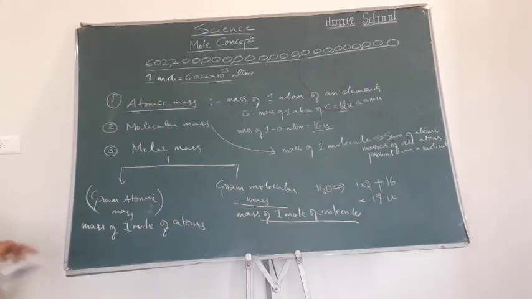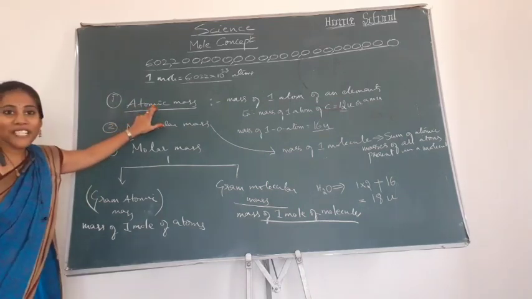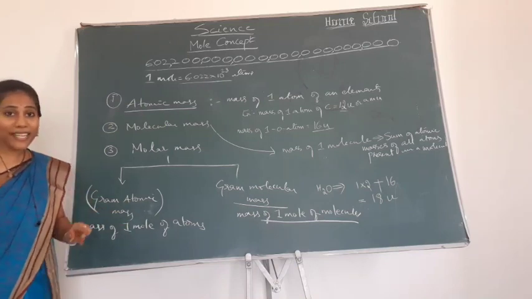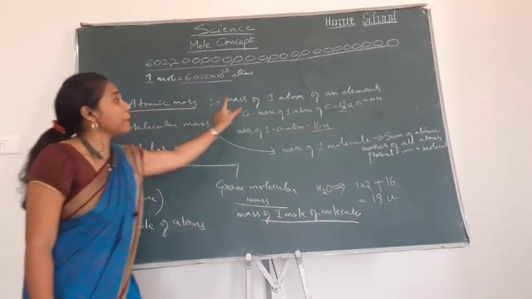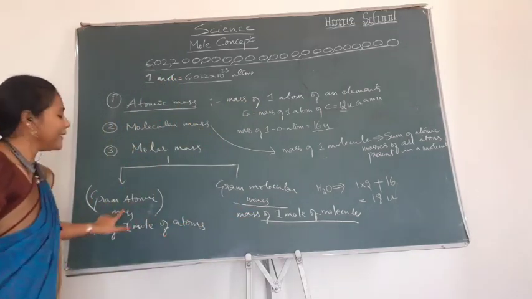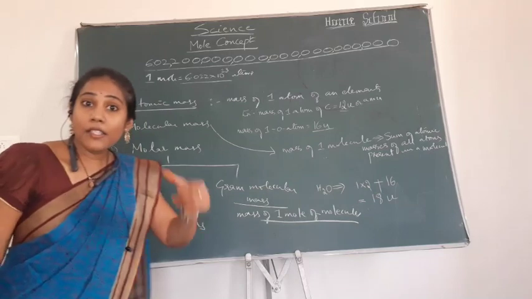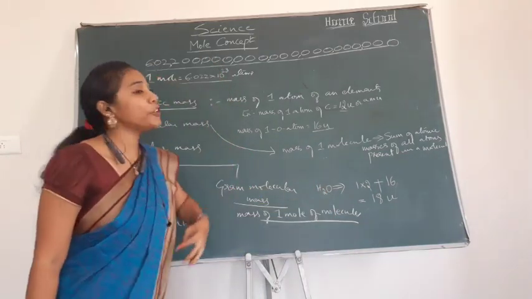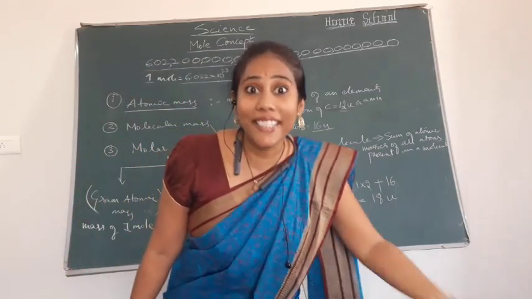Mass of 1 mole of molecules is called gram molecular mass. You see the difference, no? You have lots of difference between atomic mass and gram atomic mass. Atomic mass means what? Mass of just one atom. What do you mean by gram atomic mass? Mass of 1 mole of atoms. 1 mole is how much? 6.022 into 10 to the power of 23 atoms.